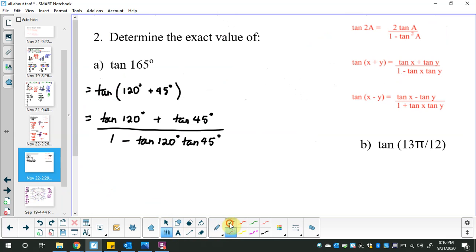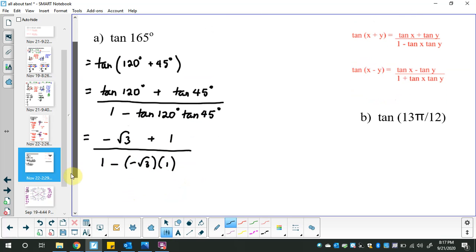So let's see if I can retain that. Negative root 3 is the tan 120 replacement, plus tan 45 is 1, over 1 minus, there it is again, negative root 3, there it is again. So notice how I don't have 1 over root 3, which was really bad.